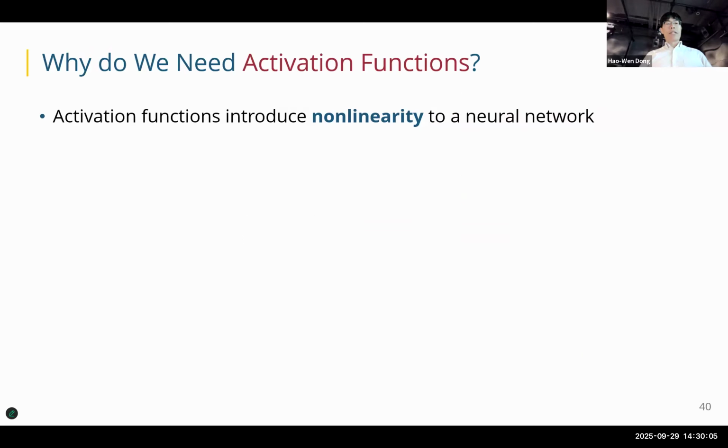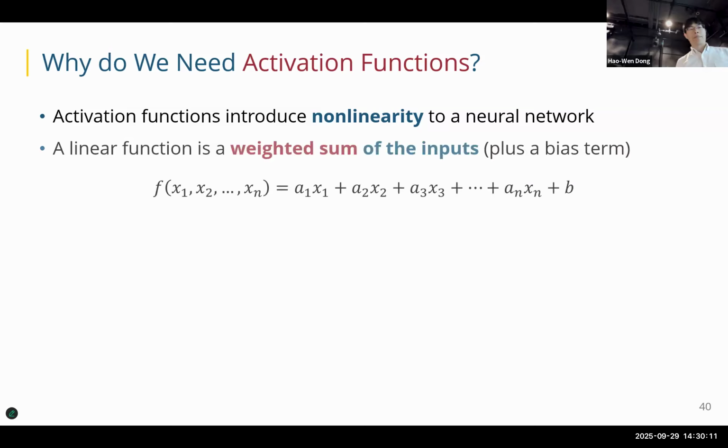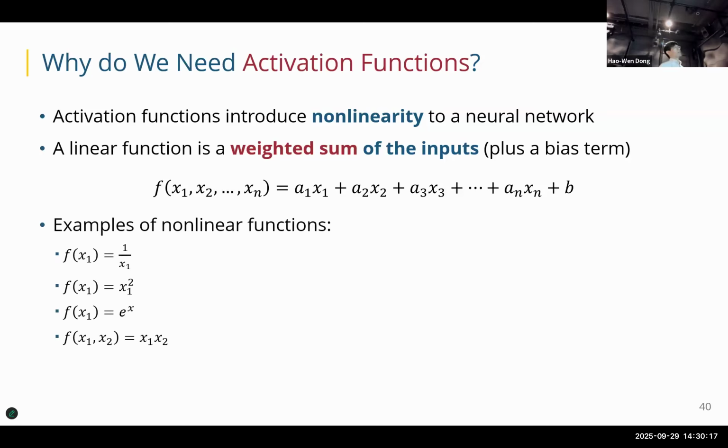So the first reason is that we want to introduce some nonlinearity. Think about a model that's just a linear function. It's a weighted sum of the inputs plus a bias term. But there are tons of different possible nonlinear functions. Some iconic ones are the inverse, square, exponential, or even the correlation between different variables.